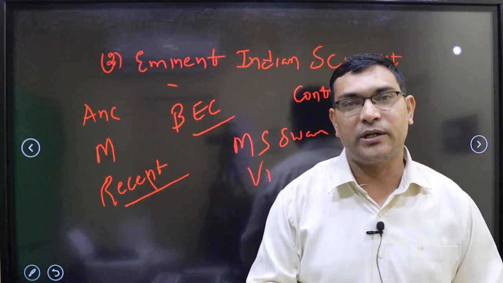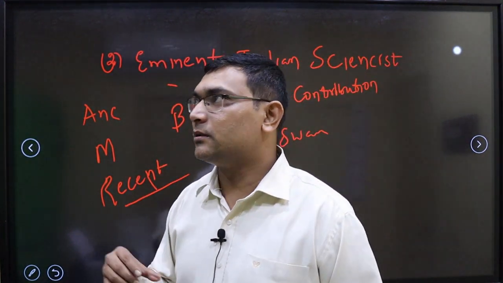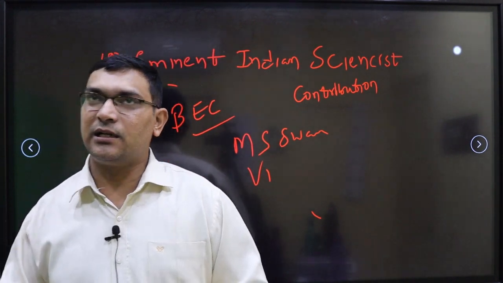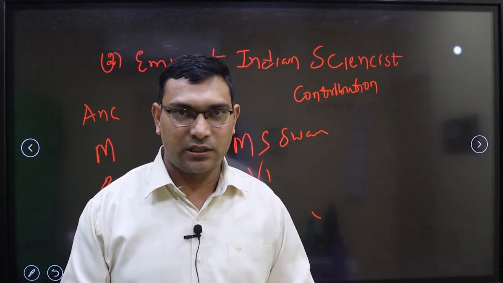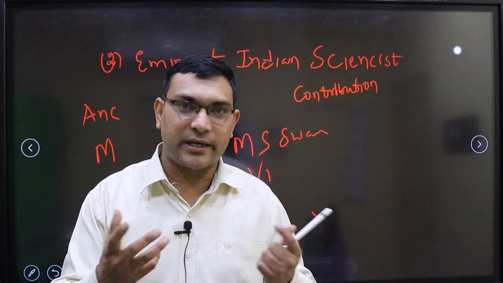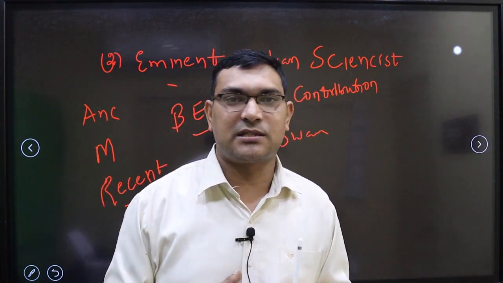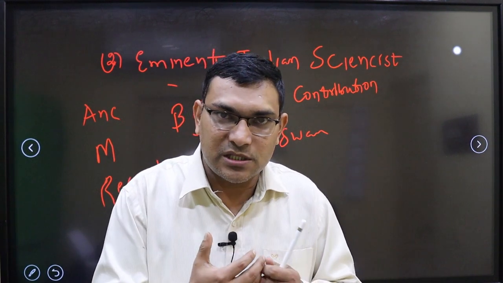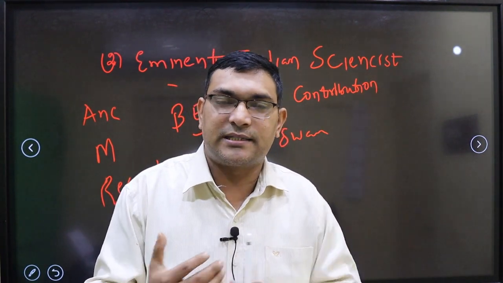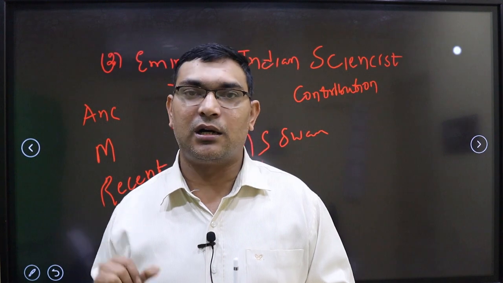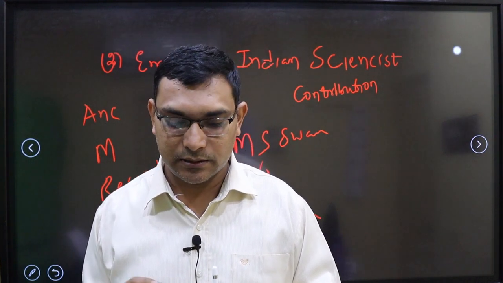Like for example, one more example: Tipu Sultan was using rockets, right? On what basis, what are the contributions, how he has used them, etc., we will be learning in this science and technology development.